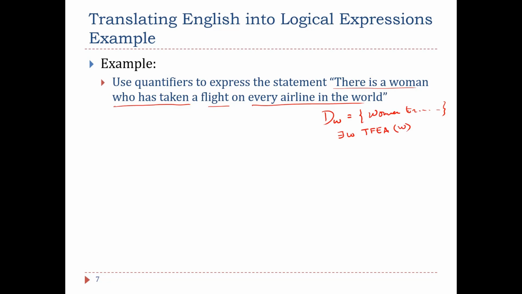So if you consider, let's say, without restricting the domain, the set of all women in the world, you can just invent one predicate that woman has taken at least one flight on every airline. And you embed all these characteristics within this predicate. But clearly this predicate, if you check it, has the words at least in it. So at least one flight. So that woman has taken at least one flight.